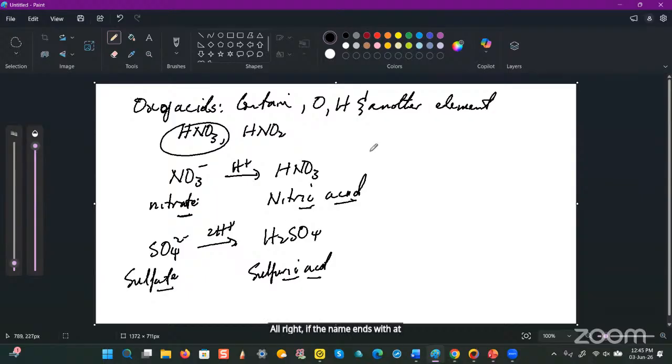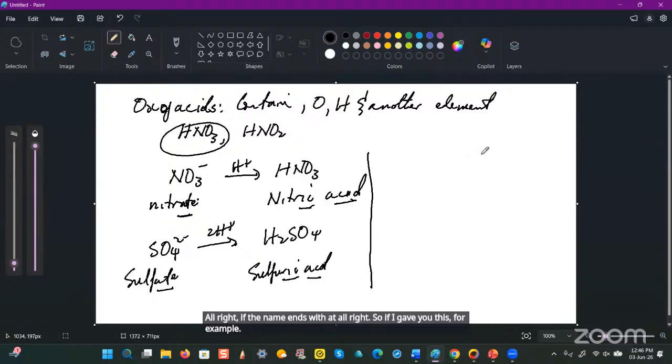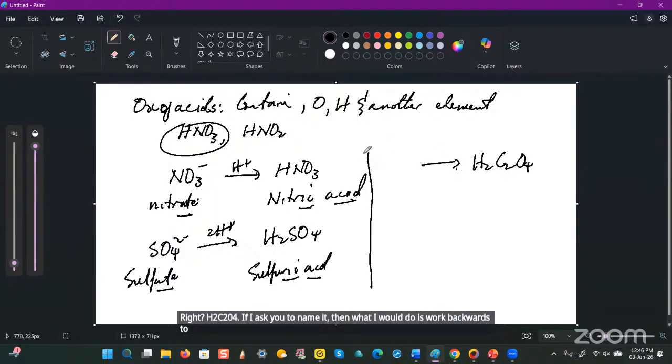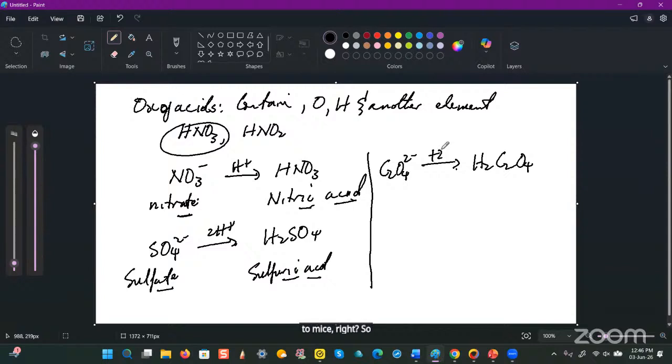All right. So if I gave you H2C2O4, and I ask you to name it, what I would do is work backwards to see what the formula for the corresponding anion is, and that would be C2O4 2 minus, right? So you have to add two H pluses to that to get to this.